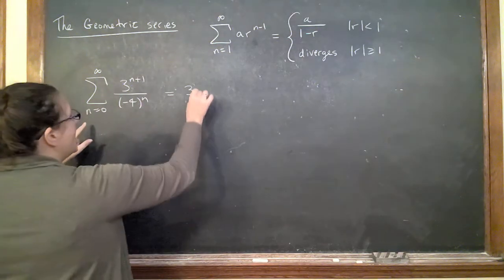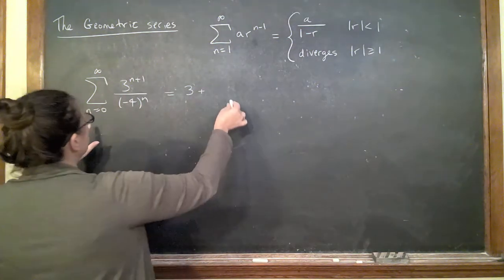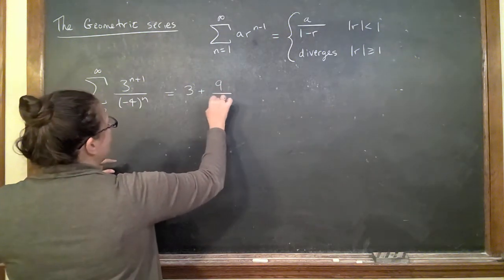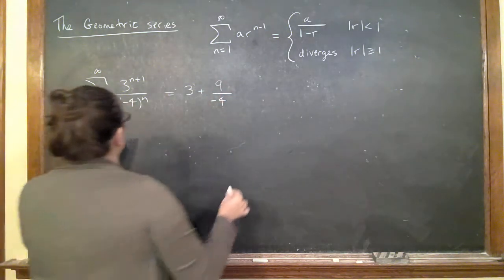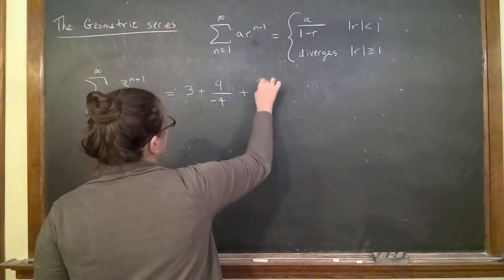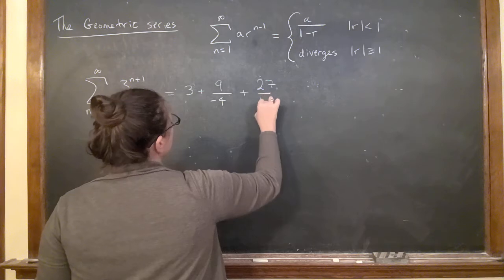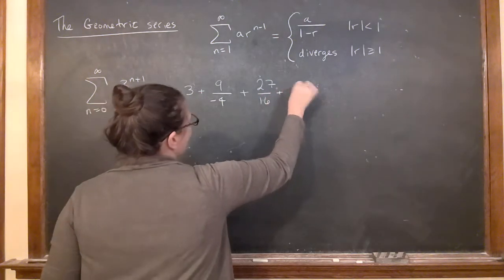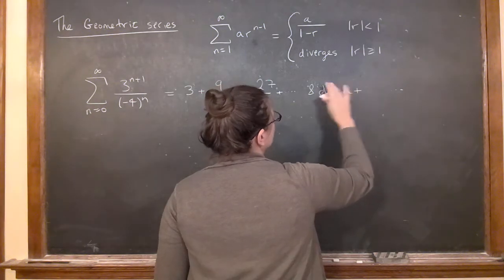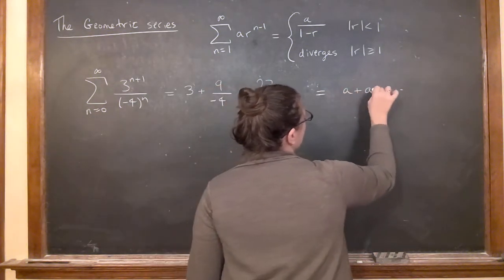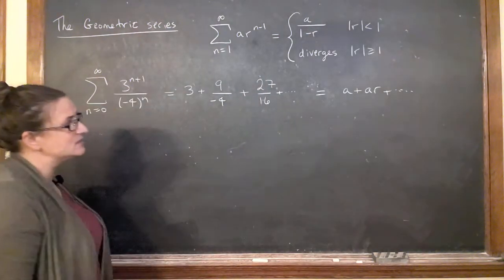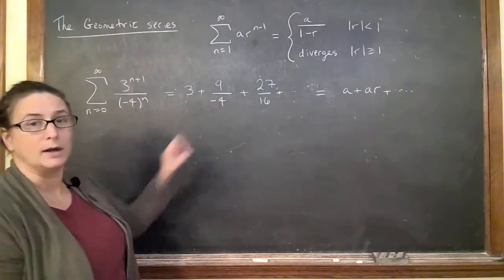If n equals 1, I have 9 over minus 4. And if n equals 2, I have 27 over 16. Okay, so I can do that and set this equal to A plus AR, and so on, and figure it out that way. So this is how you can do it if you want.